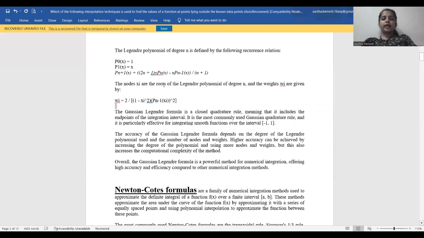The nodes xi are the roots of the Legendre polynomial of degree n and the weights wi are given by wi equals 2 divided by (1 minus xi squared) times (Pn minus 1 of xi) whole squared.